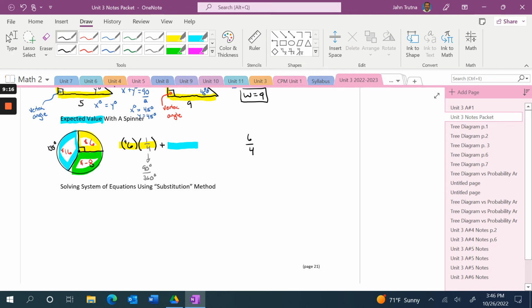So what we're going to do is take the value of the blue section, which is $16, and then multiply that value with the fraction that that $16 section is of the circle. So you can see that the blue section is 135 degrees out of 360 degrees. And what we do is we reduce that down.